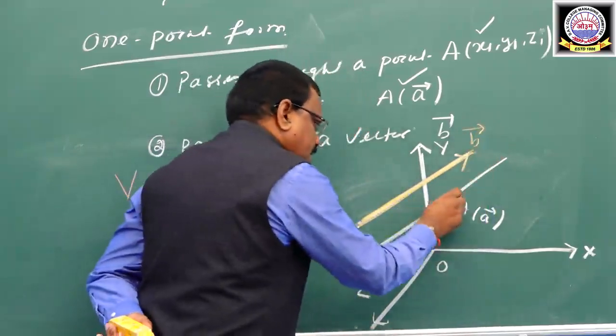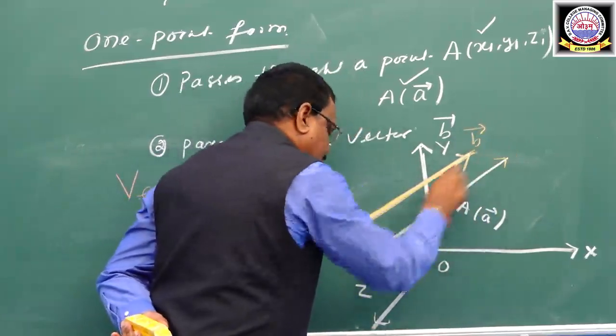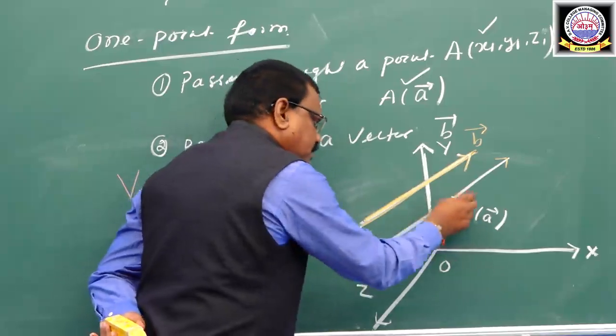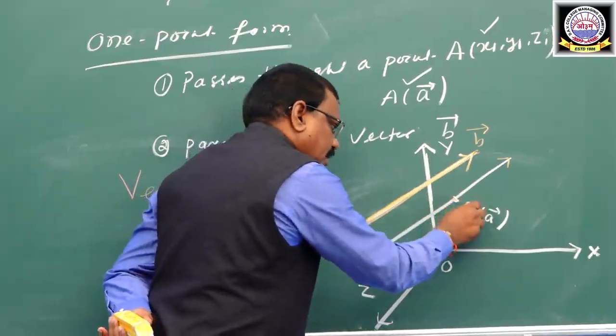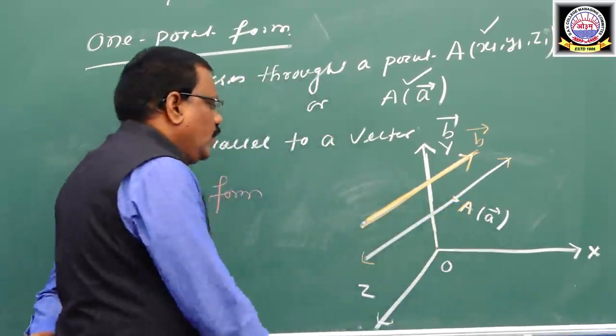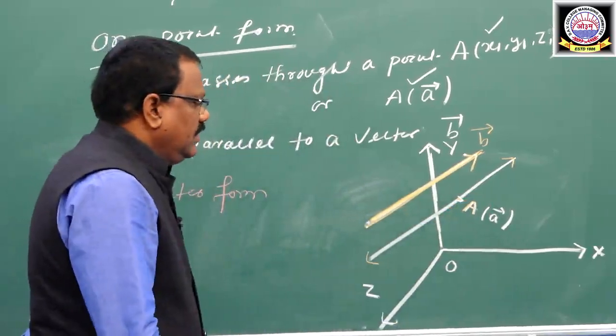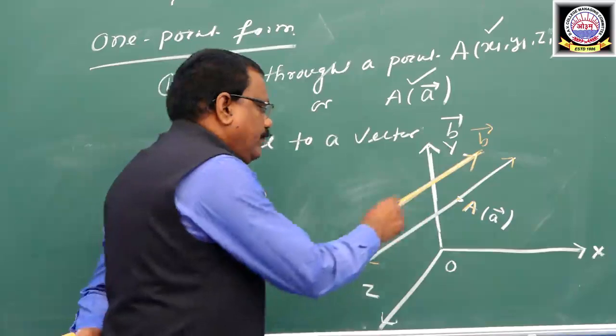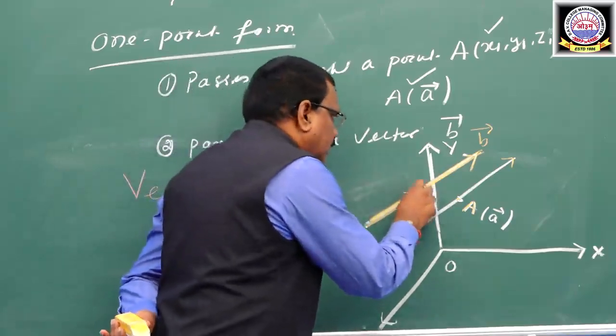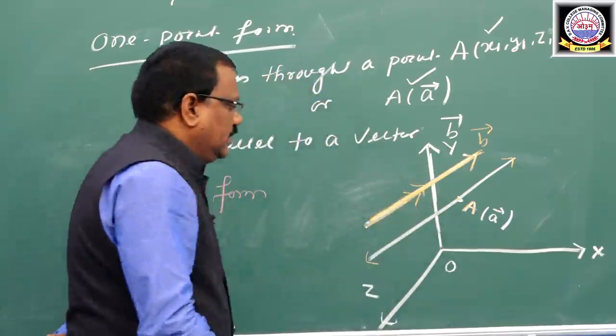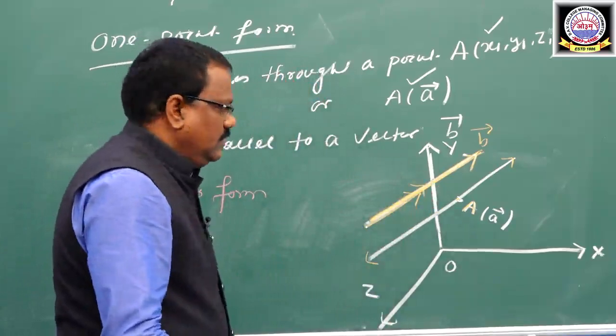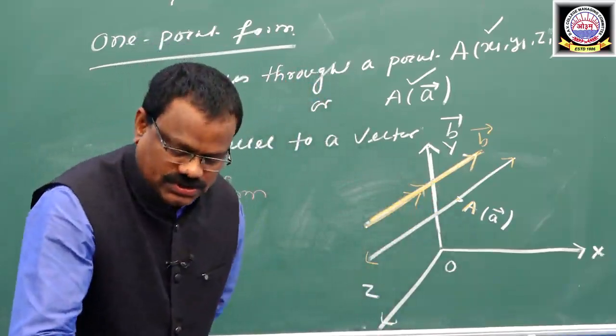So once again, the line passes through the point capital A with the position vector A vector and is parallel to another vector, B vector. So this condition is given to us.